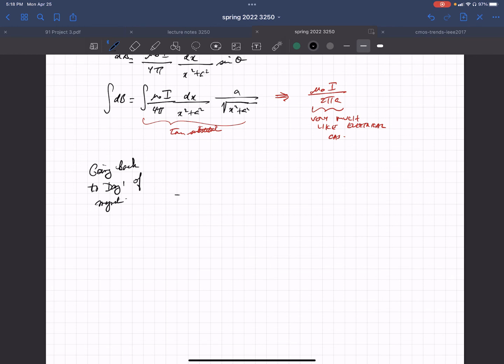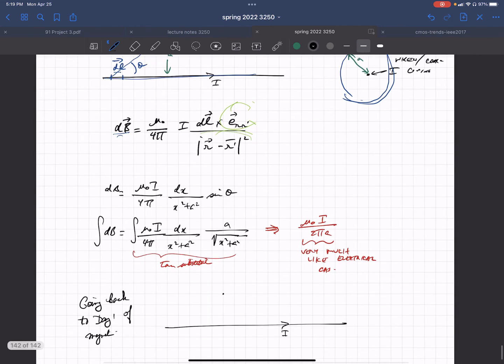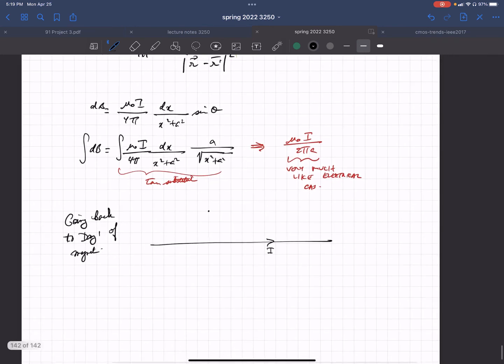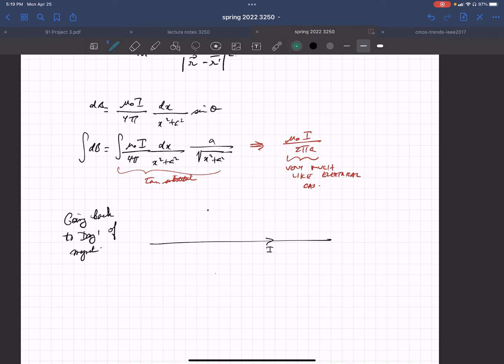We were talking about a wire that had a current, and we said that if there is a charge with a certain velocity, it would get a force on it. And now we get an idea of what's going on.